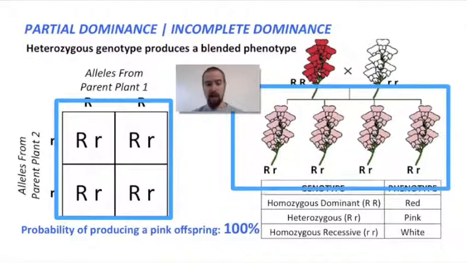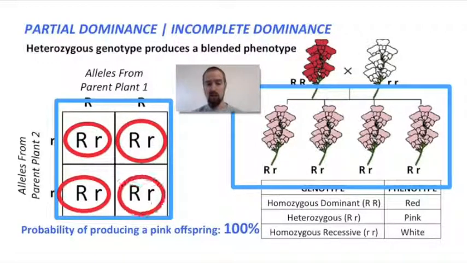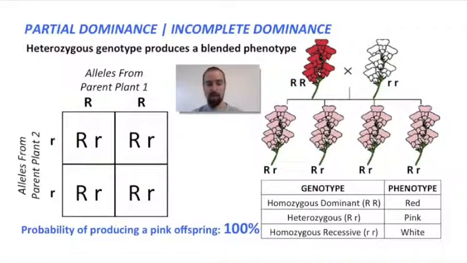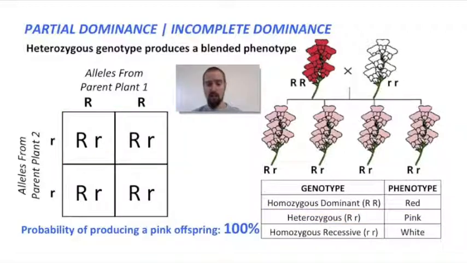That's because these pink offspring inherit a dominant red allele from one parent and a recessive white allele from the other parent, because those are the only alleles that each parent could possibly pass on. They all have the heterozygous genotype, because this is the only possible combination according to our Punnett square. And for a partially dominant trait like this, the heterozygous genotype means a blended phenotype, a blend of red and white, which means pink flowers.